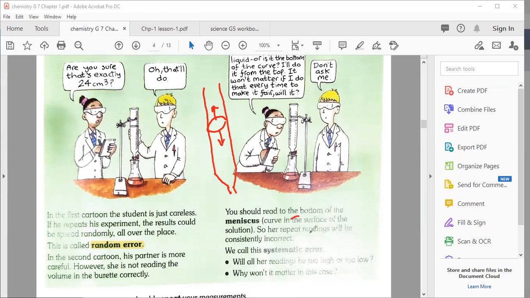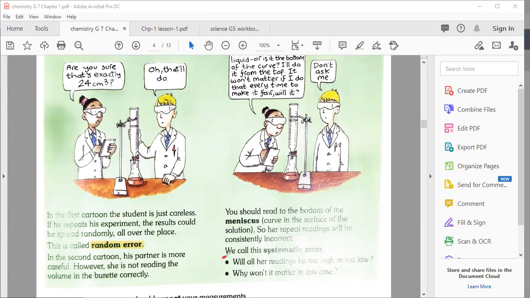So her repeat readings will be consistently incorrect. Even if she repeats, this error is named systematic error. That is your last part, from where we understand systematic error.